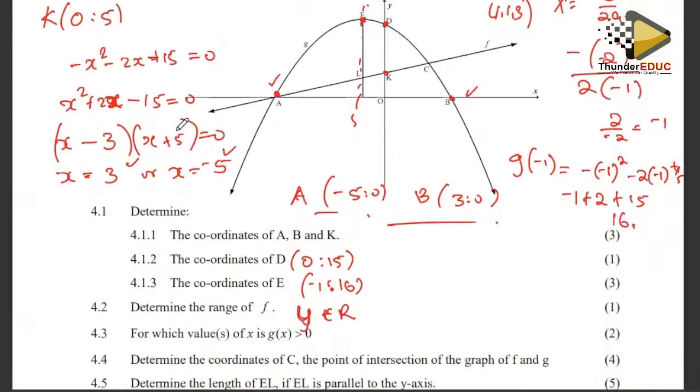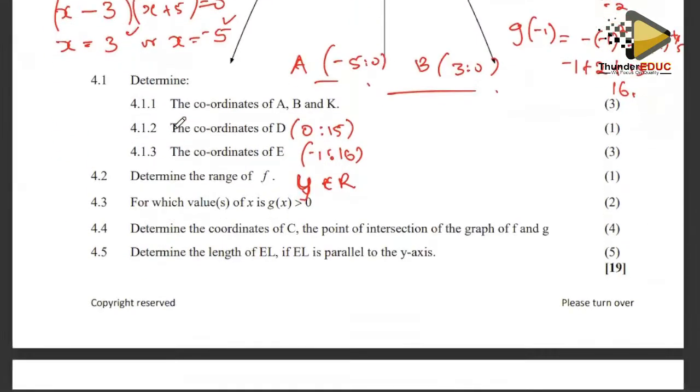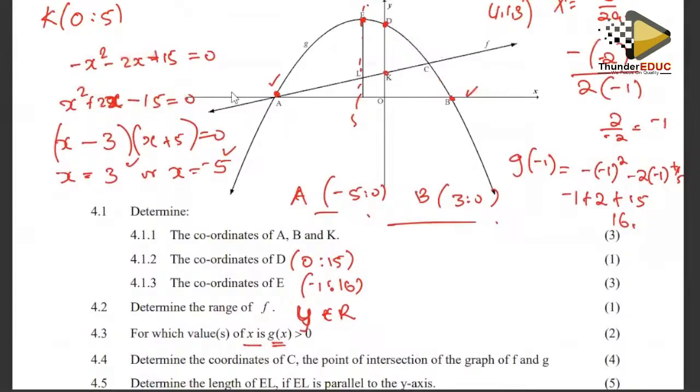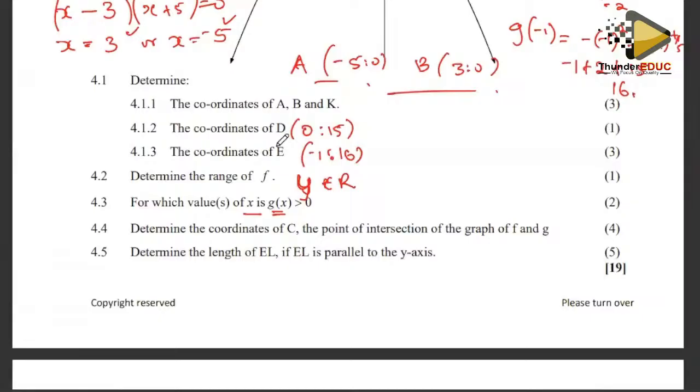Then find the values of x where g of x is greater than 0. So g of x is this parabola. Where is it above the x-axis? Between negative 5 and 3. So we're just going to write that as negative 5 less than x less than 3. So that is 4.3.